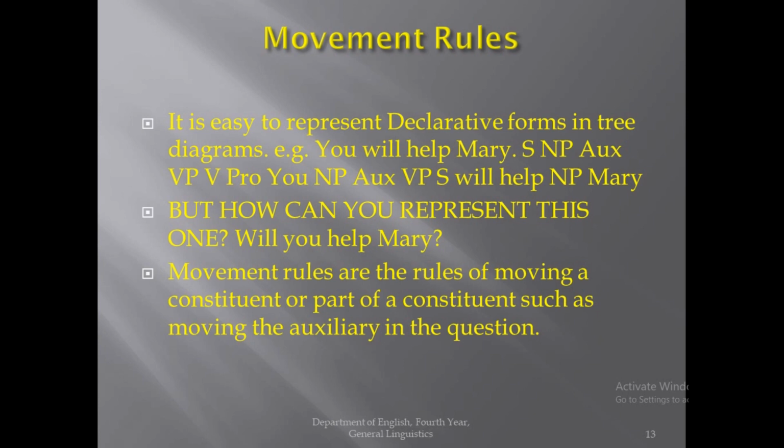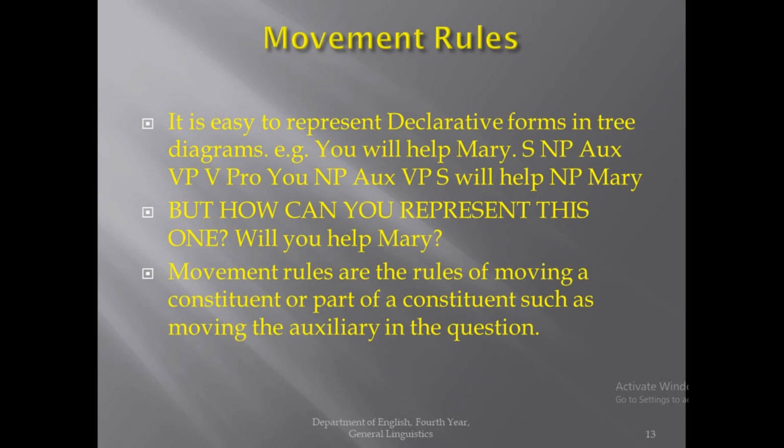So how can you represent this one? "Will you help Mary?" Of course, here movement rules are the rules of moving constituents or part of a constituent, such as moving the auxiliary in the question. So here this auxiliary will be moved from its regular position when the sentence is declarative. Okay?